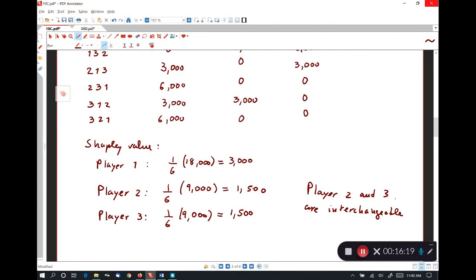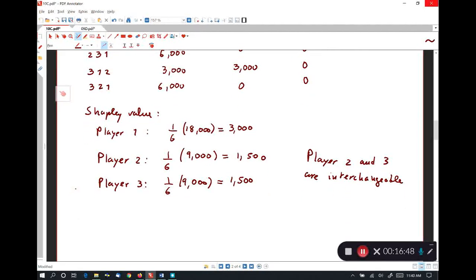Now, what was the core for this game? The core was very large. It contained all sorts of things. For example, full exploitation of the workers. Player 1 gets 6,000 and the workers get 0. Or full exploitation of the capitalists. The workers together get $6,000 and the capitalist gets nothing, and a whole lot of other different imputations.